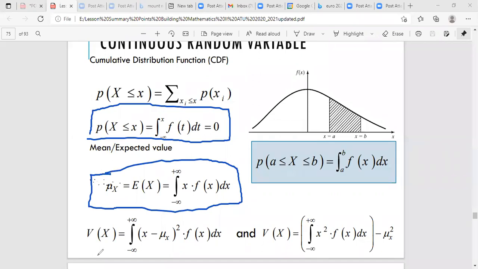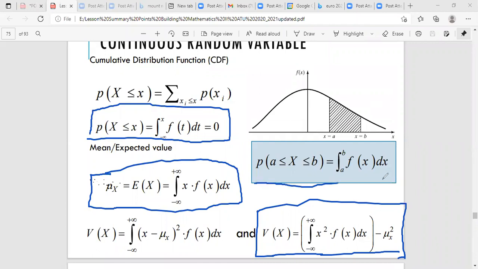And then the variance will also be given by this formula here. They are all the same, but we'll work with this more. So we have var of x equals this. And then the fourth formula is what you have in blue here. So write down the four formulas. Make sure you write them at your end.